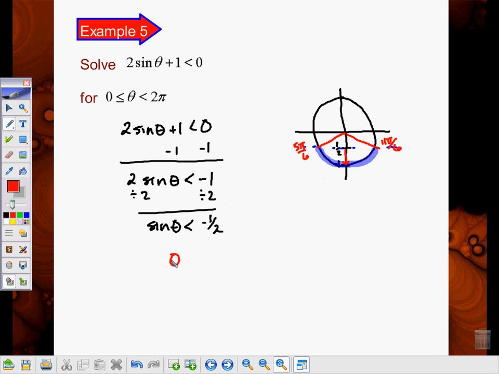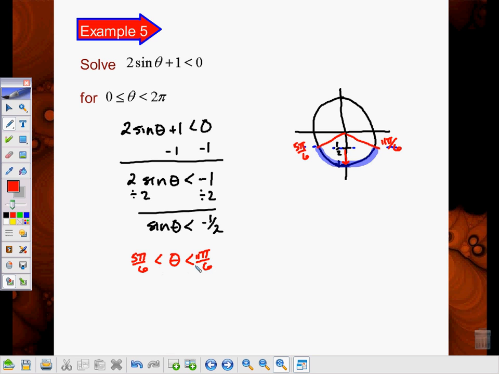Okay? So theta then will be greater than 5 pi over 6 and less than 11 pi over 6.